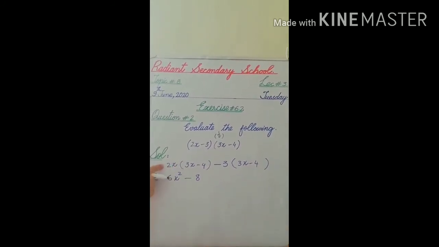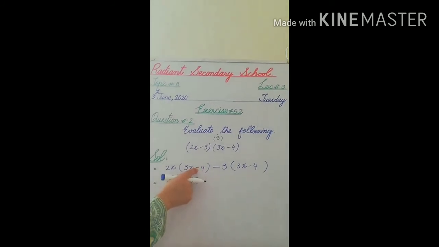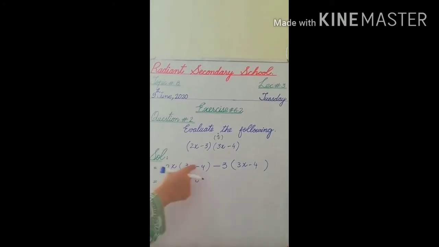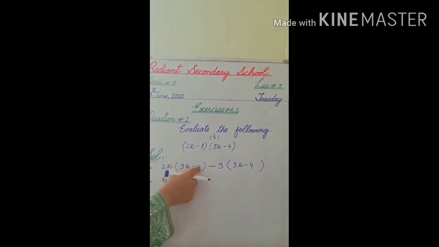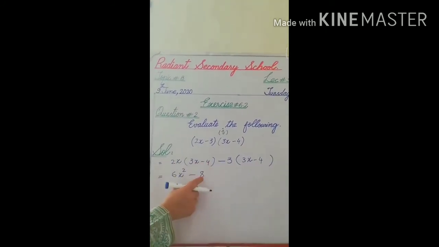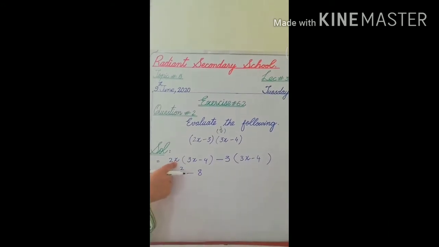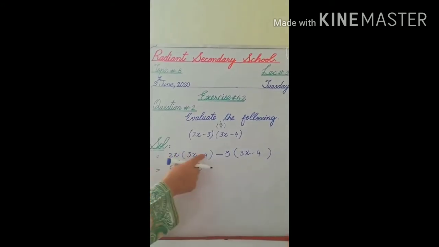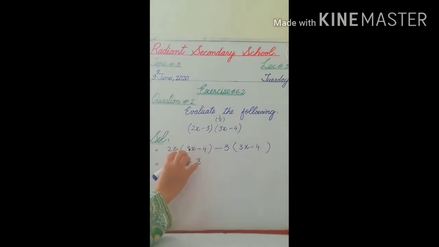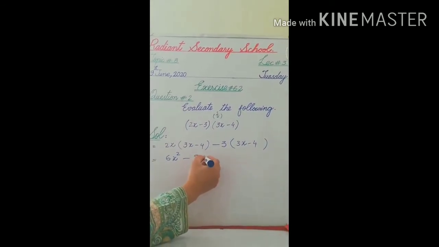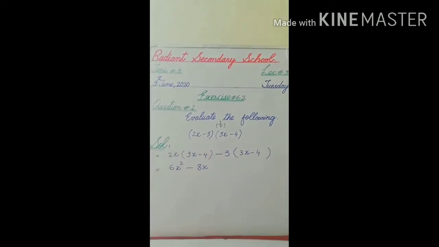We know 2x has a plus sign and this 4 has a minus sign, so when we multiply plus with minus, the answer will be minus. 2 4s are 8, and here x is alone because there is no base with this 4, so this x will be as it is.